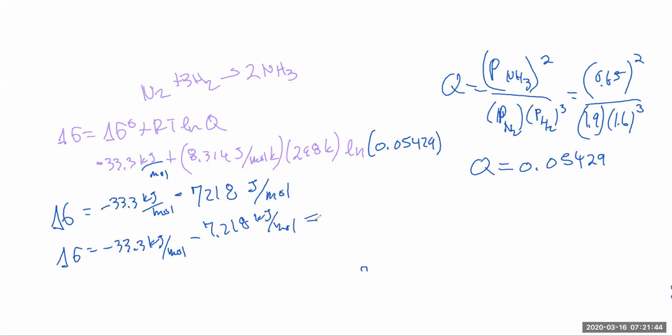And so we find our delta G is being a negative 26.08 kilojoules per mole.